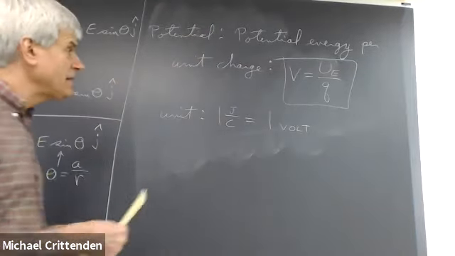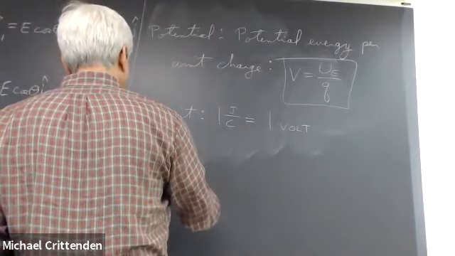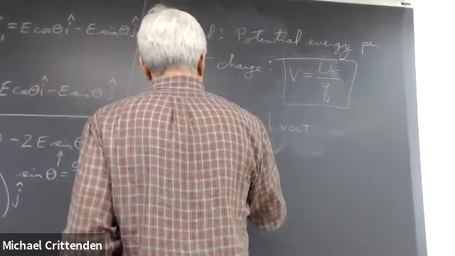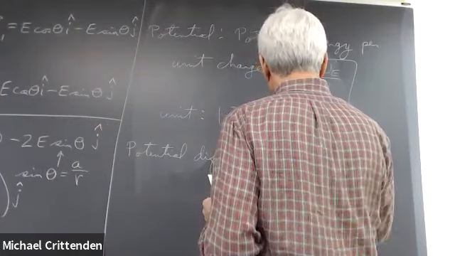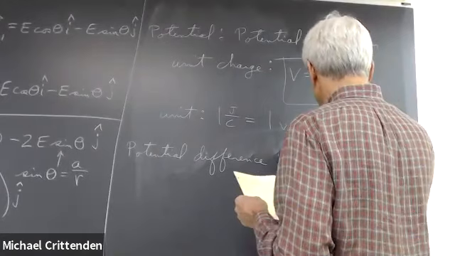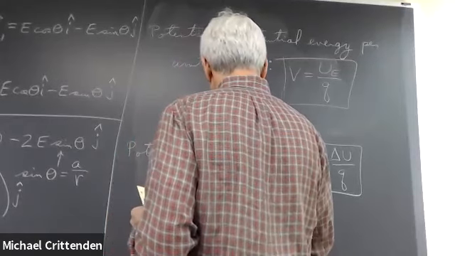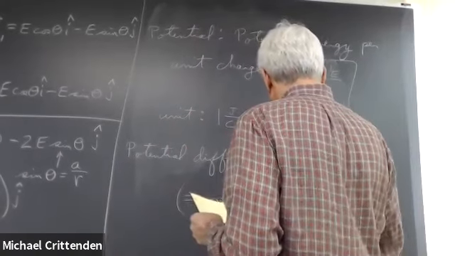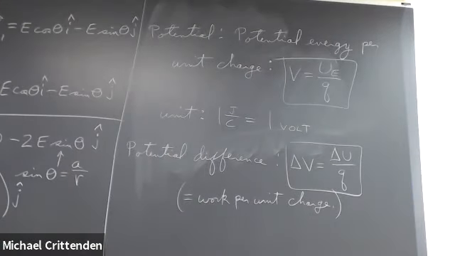Potential difference, delta V, is delta U over Q. Technically, it would be the potential difference between 2 points. That's the work done per unit charge.